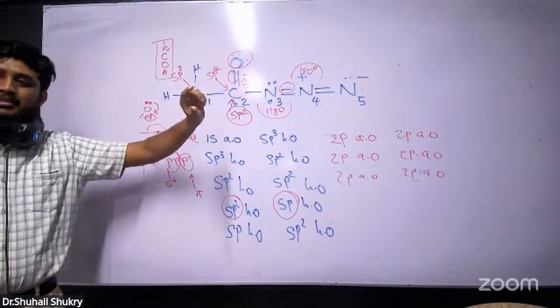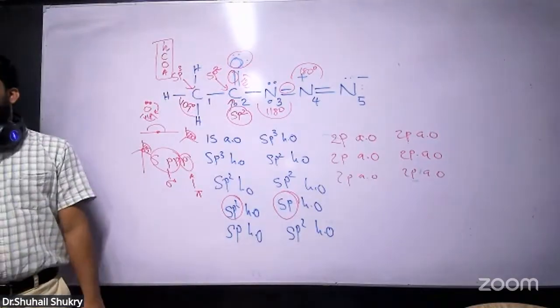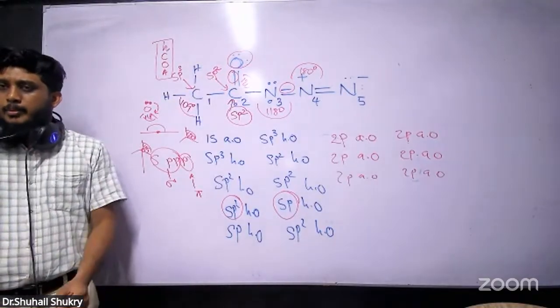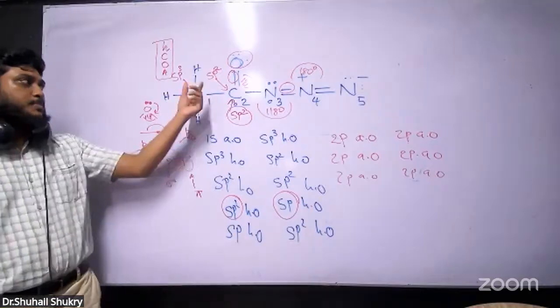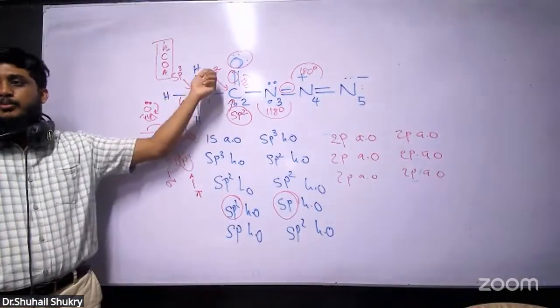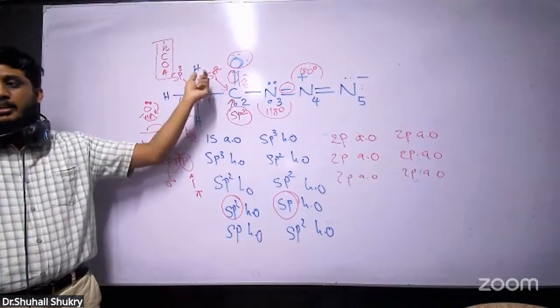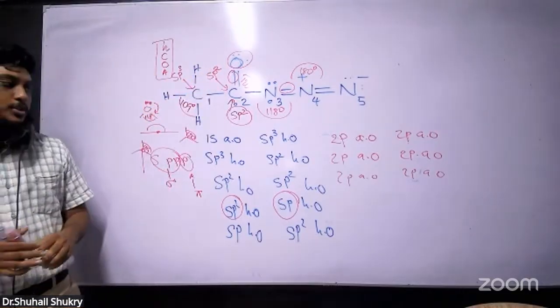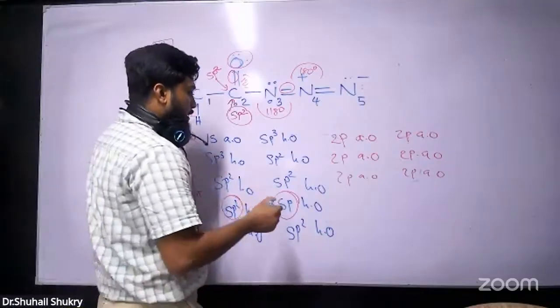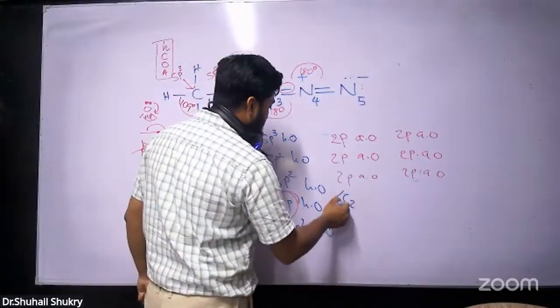The more s character, the more electronegative. More s character means fewer p's attached. Here 3 p's are attached, here 2 p's are attached. So more s, more electronegative. So C2 is more electronegative than C1.